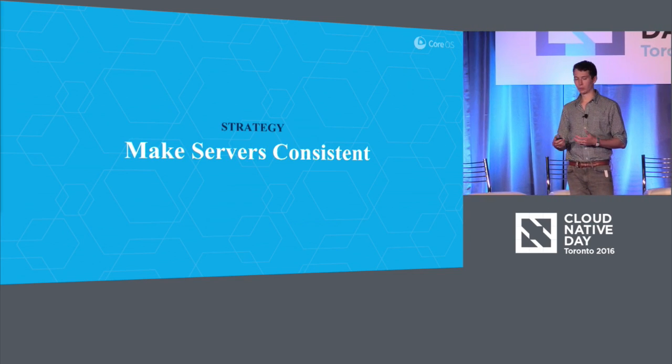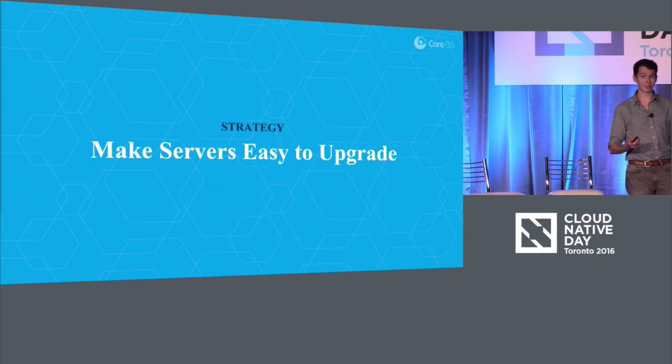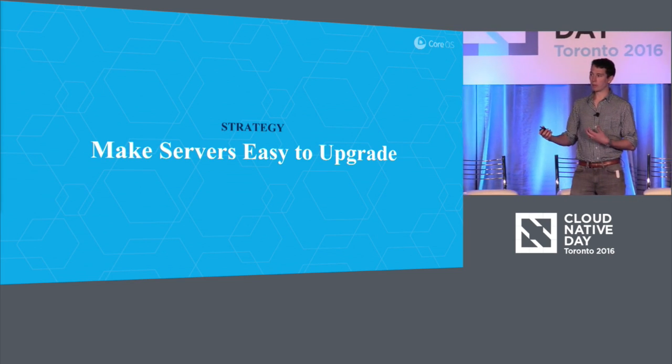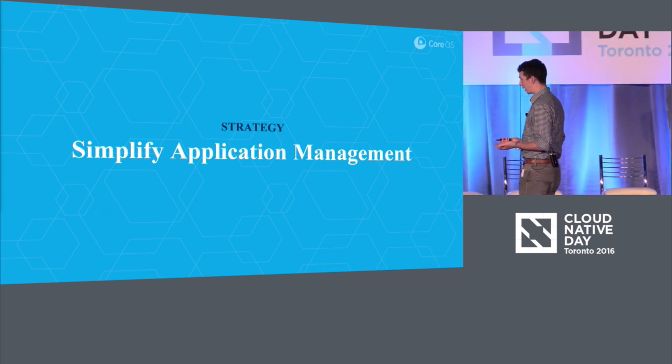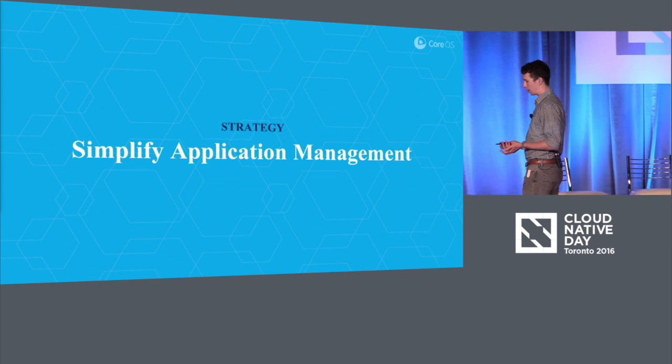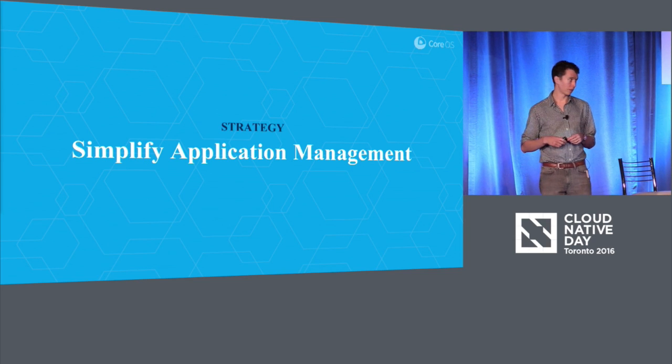It's about making servers really, really consistent so that when I deploy an app to a server and I take it back off, or I deploy two apps next to each other, those apps operate the same and can be removed without any trouble. And then hopefully through that consistency, we're able to improve the way that we do upgrades and manage the deployments of our servers, to the end that we finally are able to simplify the management and overall way that we deploy applications into the infrastructure.